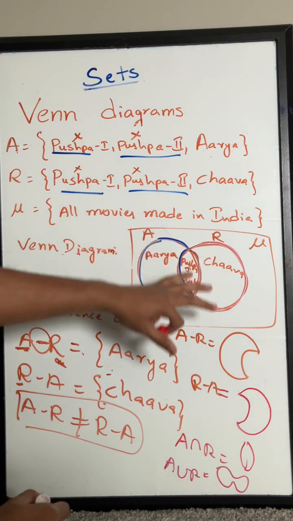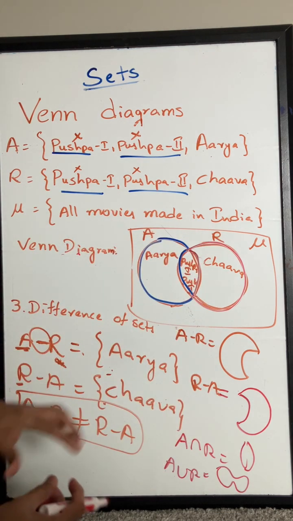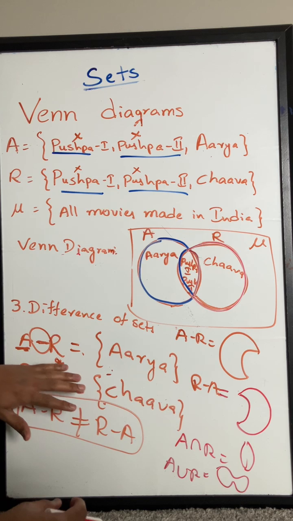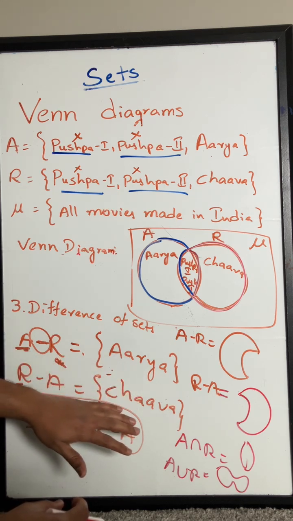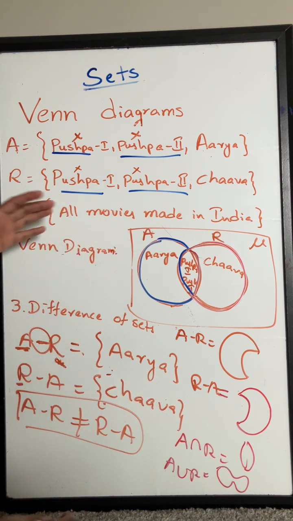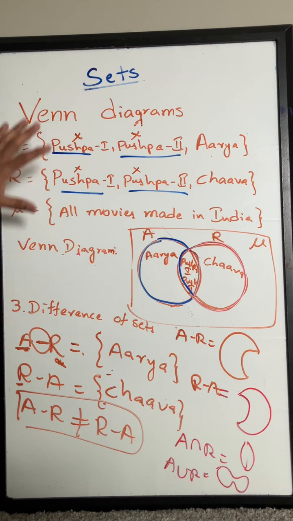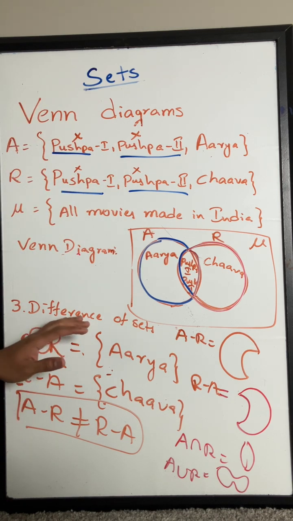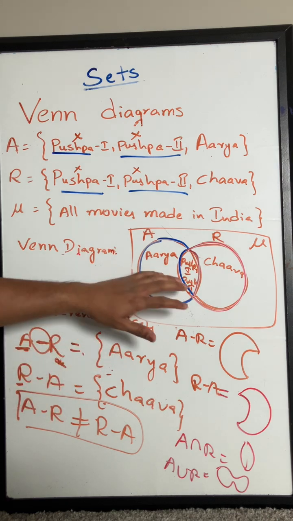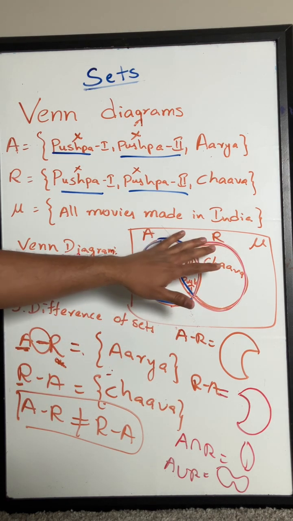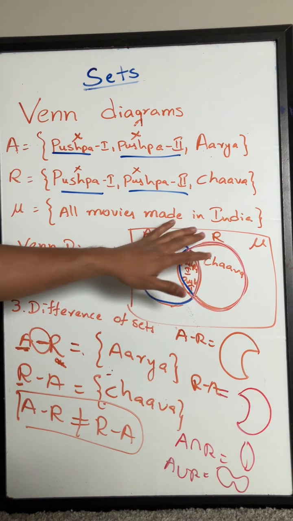So these are all different ways of representing the Venn diagram, the roster form, and this is the set builder form. This explains the different operations on sets. Here we are working on only two sets. I took A as Allu Arjun's movies and R as Rashmika's movies.